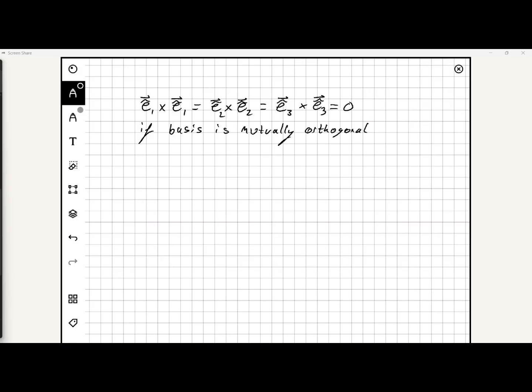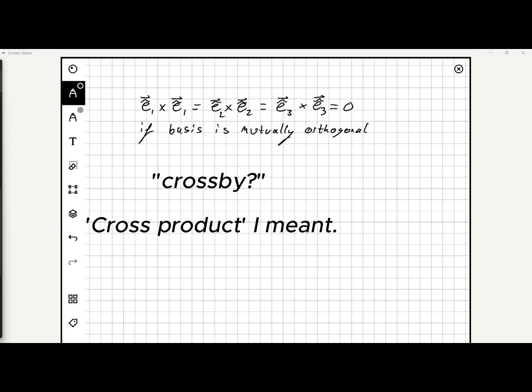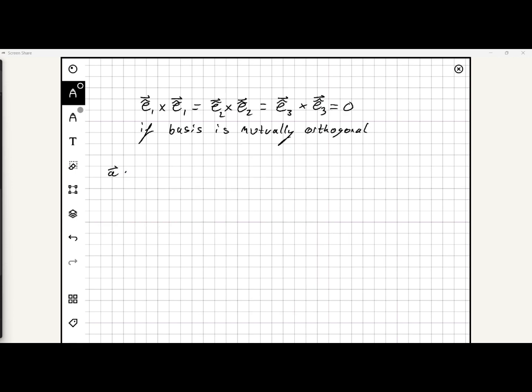Now, a way we can work out A cross B is either with the matrix method, which I prefer, but you can only really prefer it if you know how to use matrices.